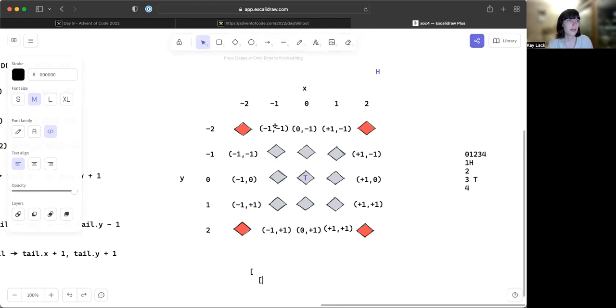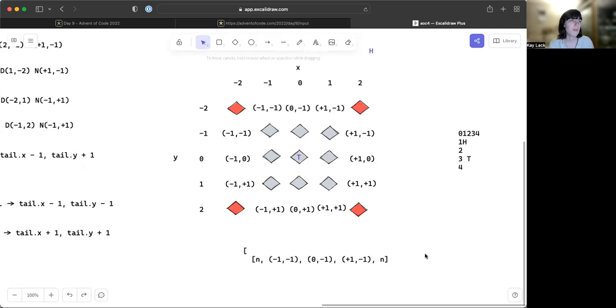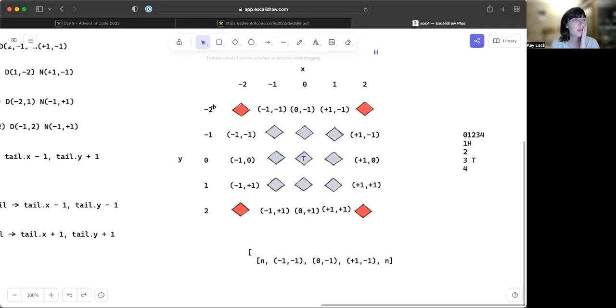If we take the rows, so we start off with row -2, we would say none. Let's not make that code. N -1, -1, 0, -1, +1, -1, and then we would just look up based on the position of the head relative to the tail.